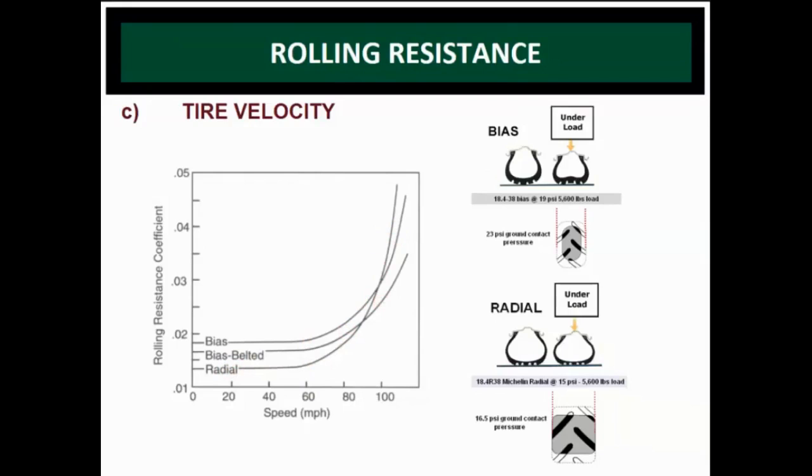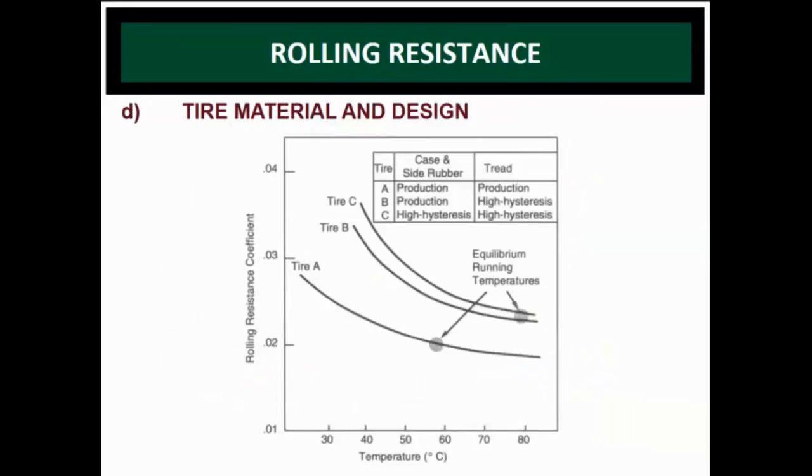And then it also depends, the rolling resistance also depends on the tire materials and design. For example, there are two types of tire, A, B, C, which have different material and different design.